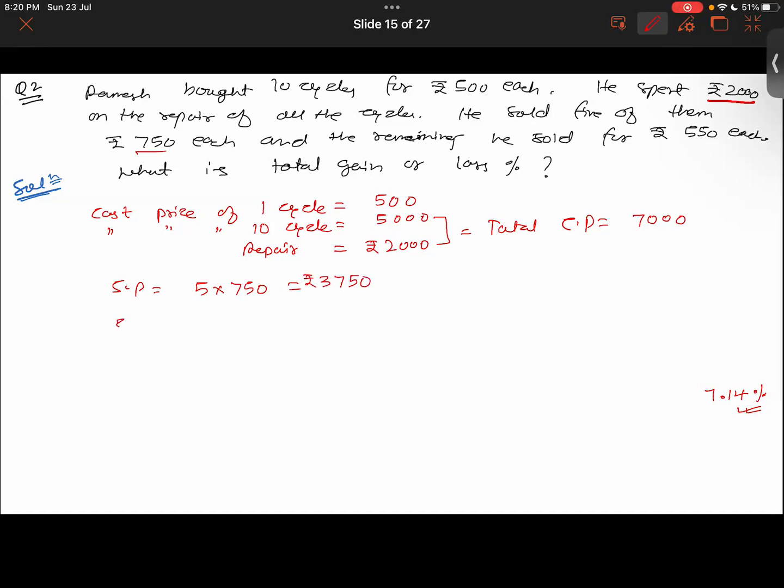And the remaining cycles he sold for rupees 550 each. There were five remaining, so that will be 2,750 rupees. You will add both of them, and that will be the total selling price. So how much should that give you? Quickly, the total.